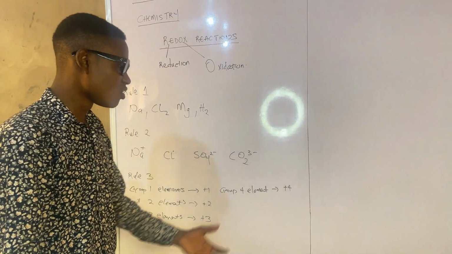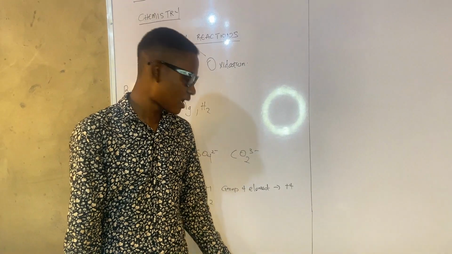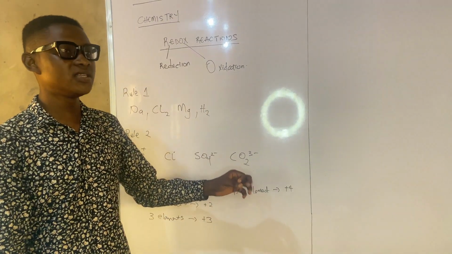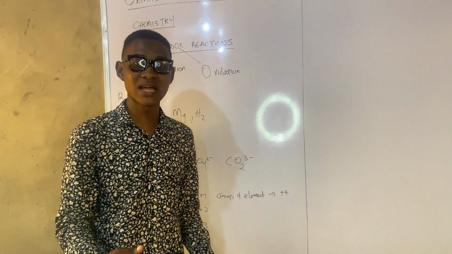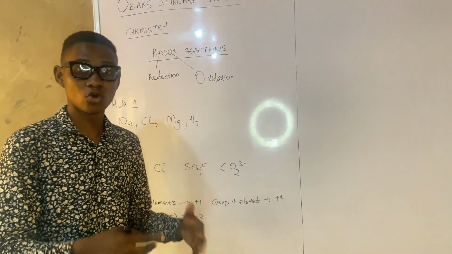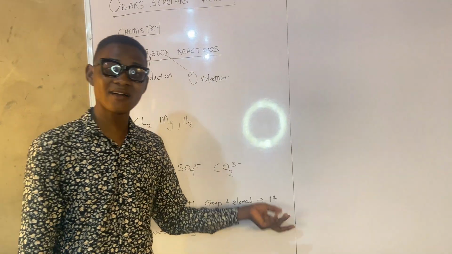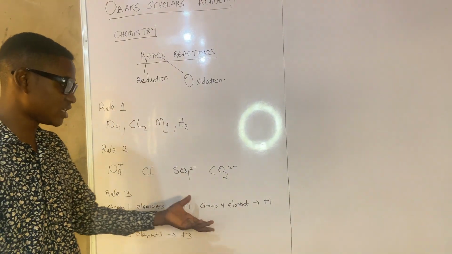The reason why when I did 1, 2, and 3, I didn't really give comments on it is because for these group 4 elements, there can be variation. For example, the oxidation number of carbon is +4, but there are some compounds in which carbon will have the oxidation number of +2. So it can vary, but most times, for general knowledge, it's +4.